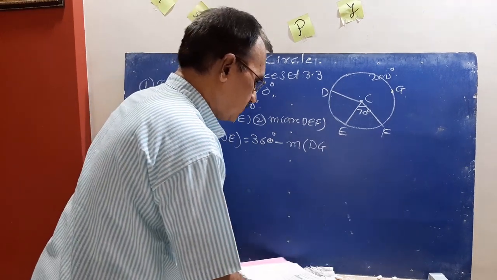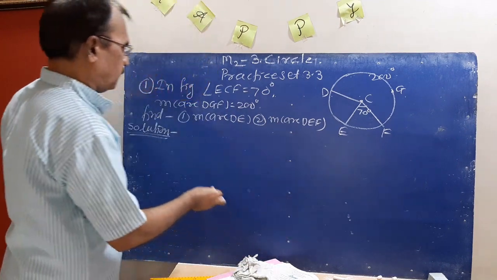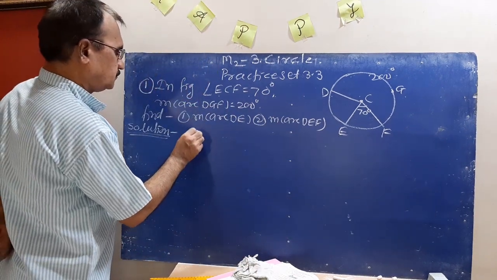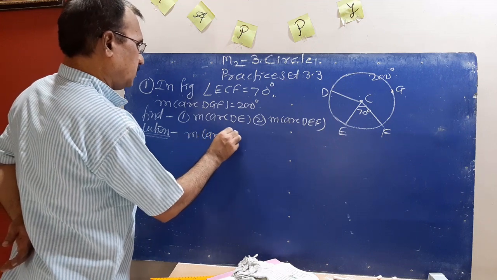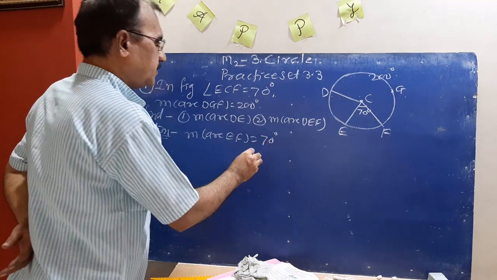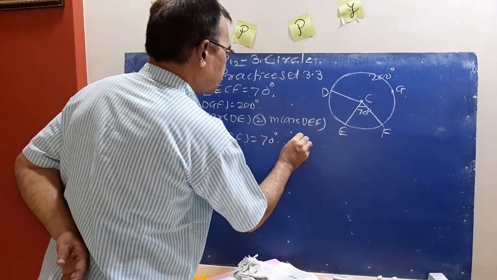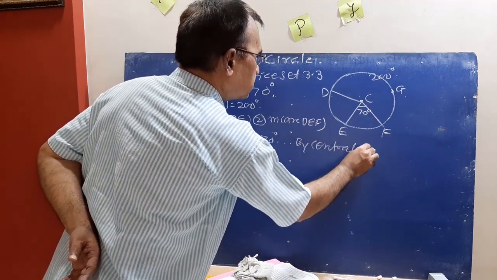Before that, first we have to find measure arc EF. Measure arc EF is equal to 70 degrees by the central angle property.